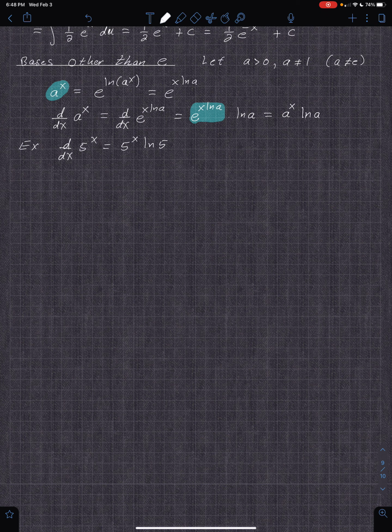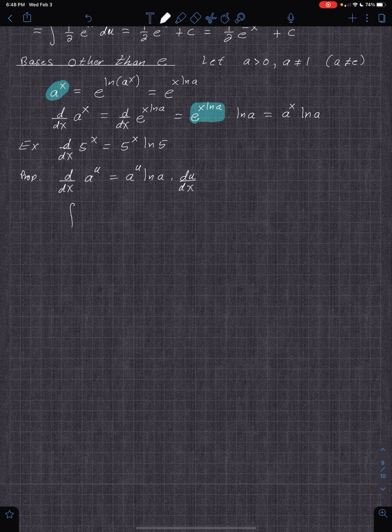Okay, let's continue. Property: if I have d/dx of a to the u, that's equal to a to the u ln a times du/dx. So there's your chain rule.